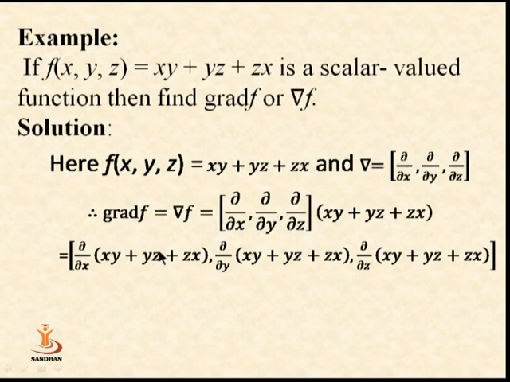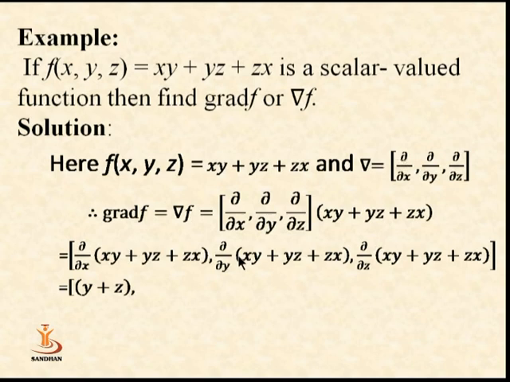In the second term there is no x, so the differentiation of yz is equal to 0, and in the third term the differentiation of x is equal to 1 into z, thus we get only z. The differentiation with respect to x gives y plus z.